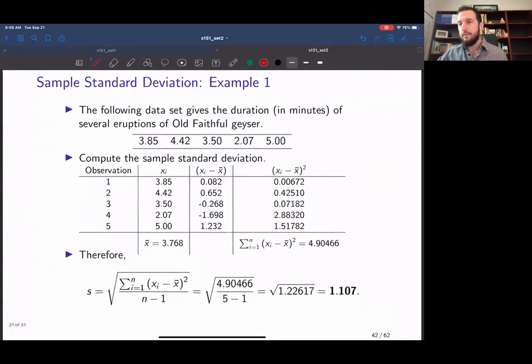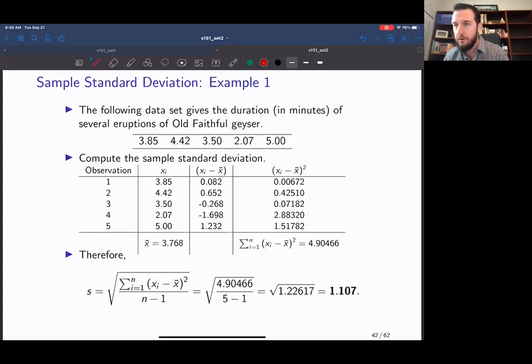Okay, so here's an illustration of how the calculation of this value would unfold. We're using the same data set that we used to demonstrate the calculation of the sample mean. So we have 5 observations, and we let each observation have an X subscript notation.